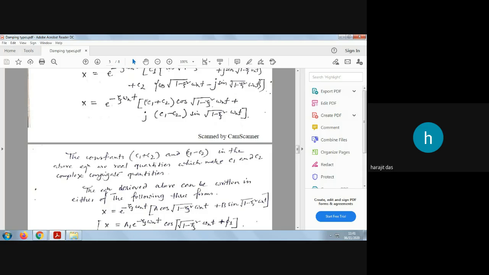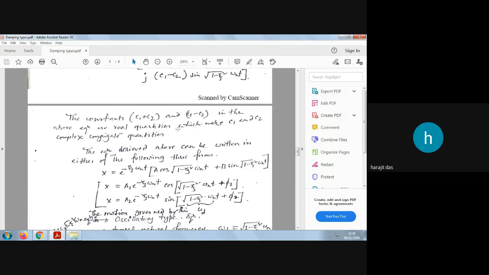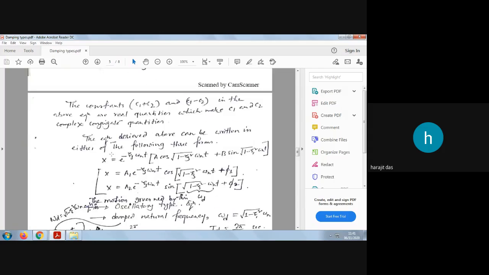After getting these values, the final equation becomes like this. Any of these three expressions you can write as the solution, understood?